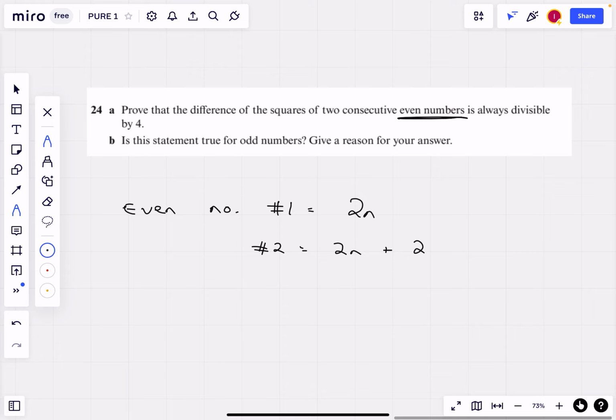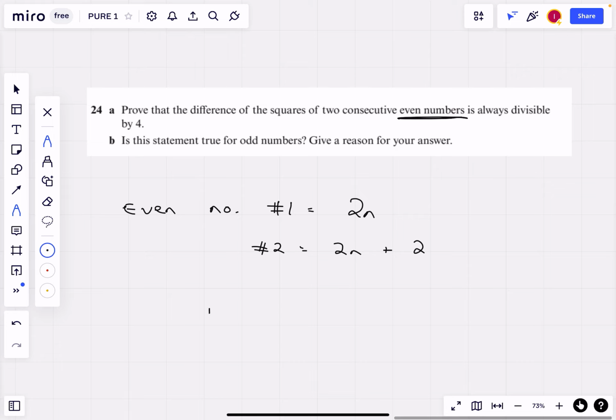It says prove that the difference of the squares of two consecutive even numbers. So we're going to square each one, even number 2 squared minus even number 1 squared. And now we're going to expand and simplify.